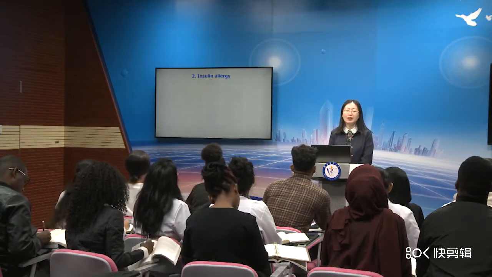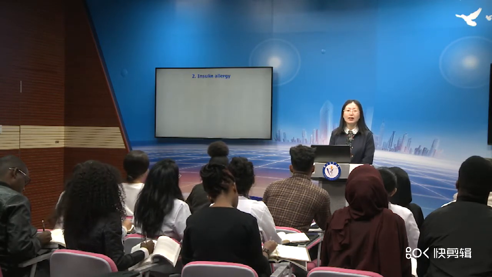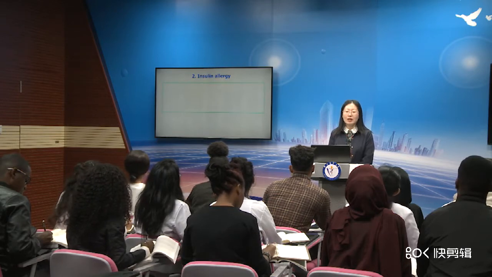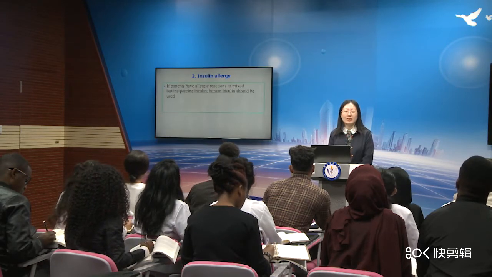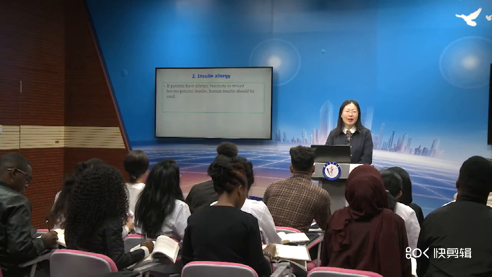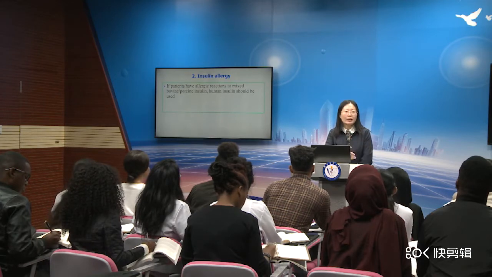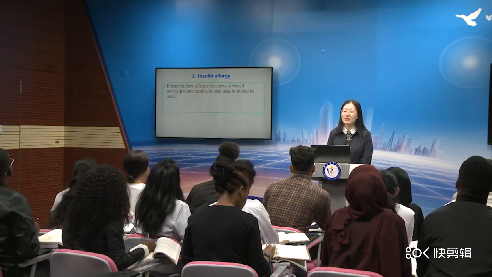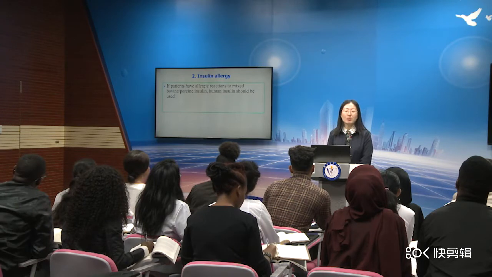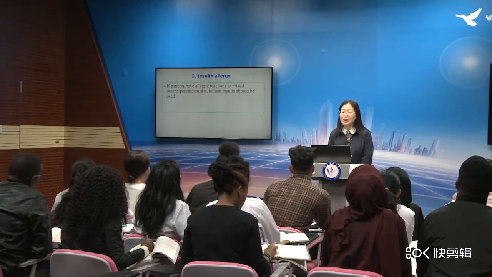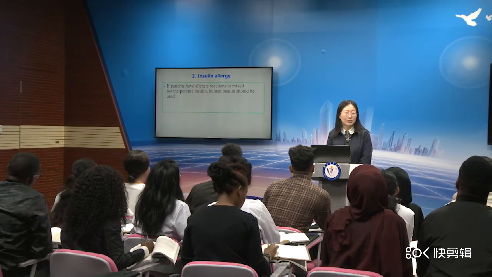The second adverse reaction is insulin allergic reaction. If patients use the drugs and have skin rash, fever, you should know it may be an allergic reaction. And if patients have allergic reactions to bovine or porcine insulin, human insulin should be used.